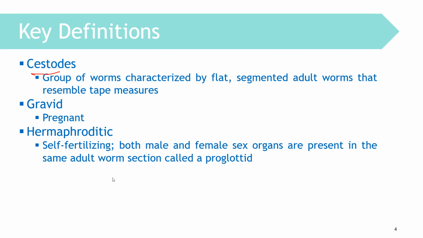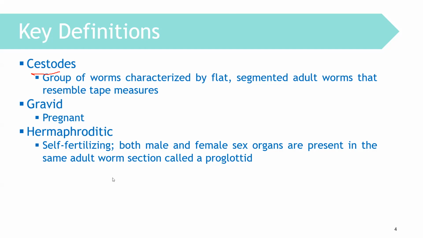However, cestodes are different from nematodes in that cestodes are flat, cestodes are segmented, and cestodes are equipped with suckers. Although some nematodes are also equipped with suckers, it is prominent in cestodes, or class Cestoda.